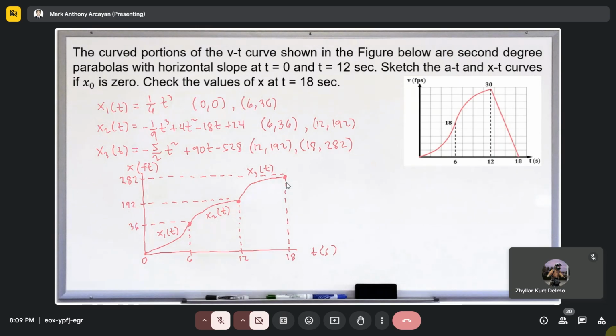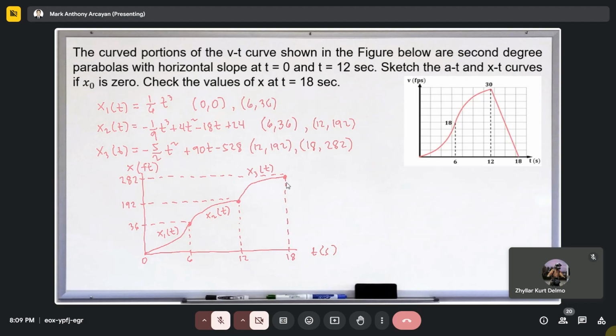Make sure that your curve must follow the downward opening or the upward opening. If the leading term is negative, then that would be a downward opening of the curve, regardless if it's cubic or quadratic or quartic or higher order. It must curve downward for negative. For the case of a positive leading term, sketch your curve in such a way that it tends to open in the upward direction.